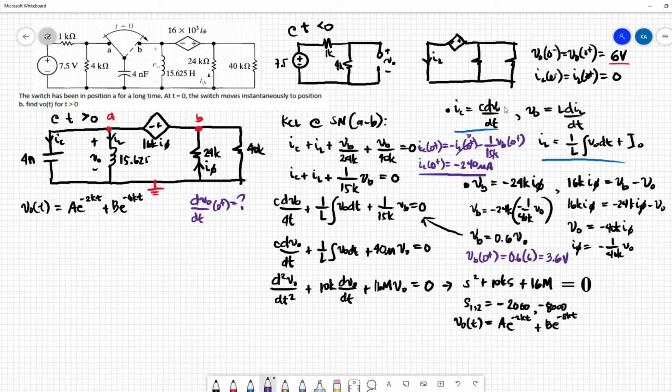Now using this equation, our iC at 0 plus is equal to C times dV/dt at 0 plus. So our dV/dt at 0 plus is equivalent to iC of 0 plus over C, which is negative 60k volts per second.